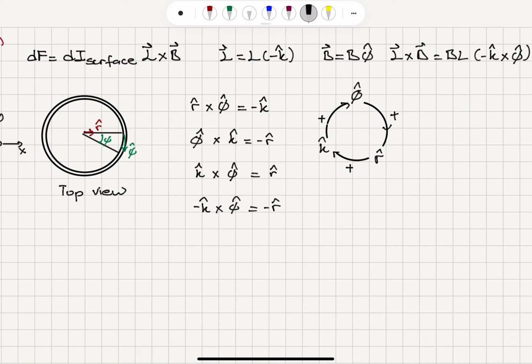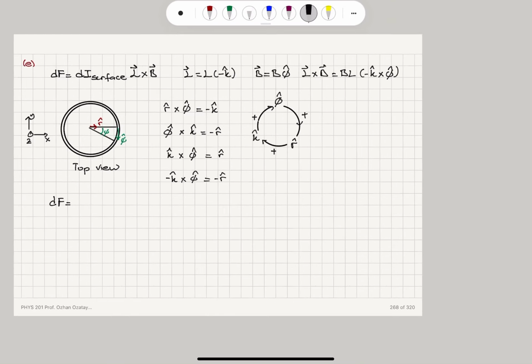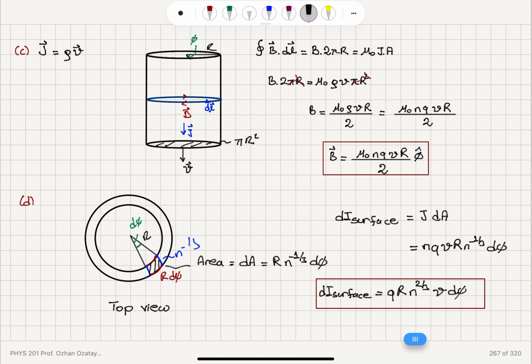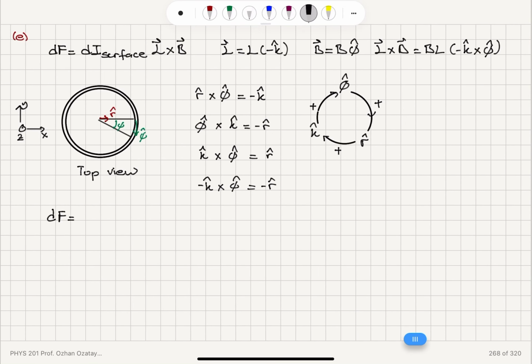Okay, so after finding that this vector points in minus r hat direction, radially inward, I can write the differential force. Differential force dF is di surface. I know what di surface is: Q capital R n to 2/3 v d phi.